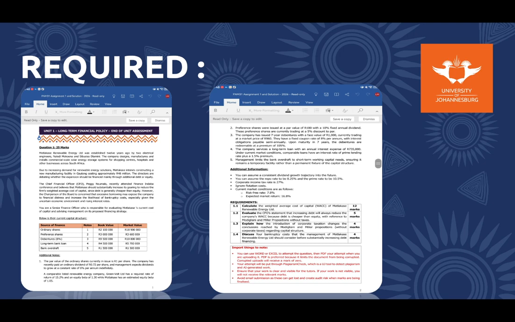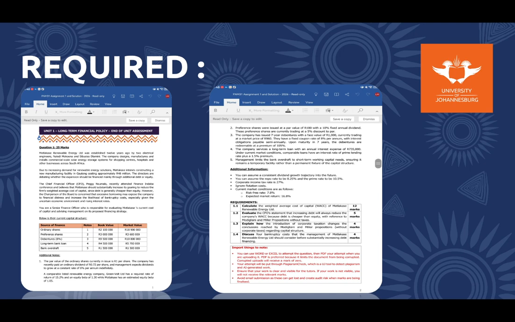Just a foreshadowing, we know now that we're going to have to calculate one portion of the cost of equity and another second portion using a different formula, which is: a comparable listed renewable energy company, Greenvault, has a required rate of return of 15.2 and an equity beta of 1.3, while Motlakase has an estimated equity beta of 1.05.